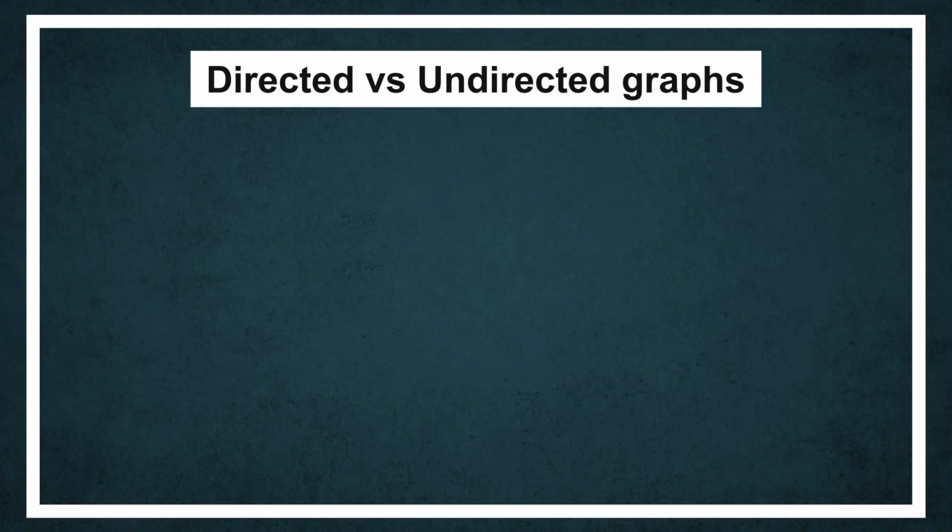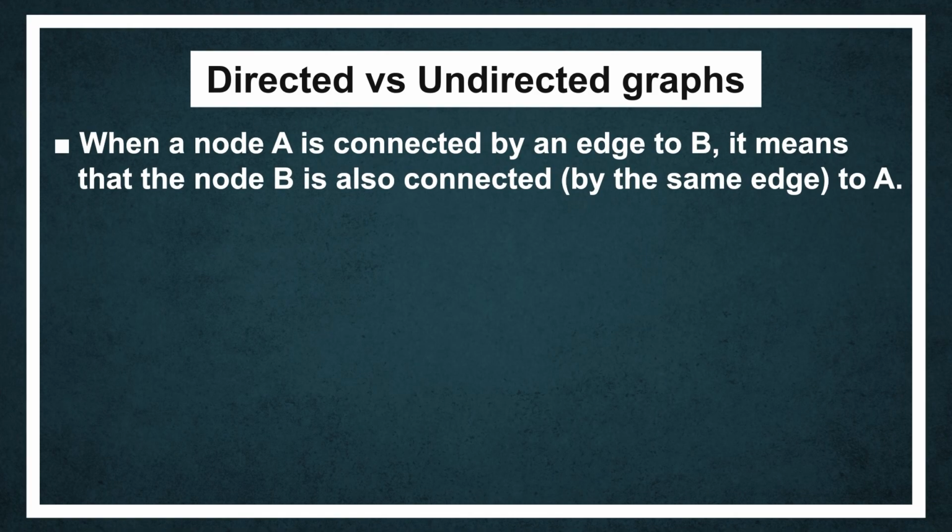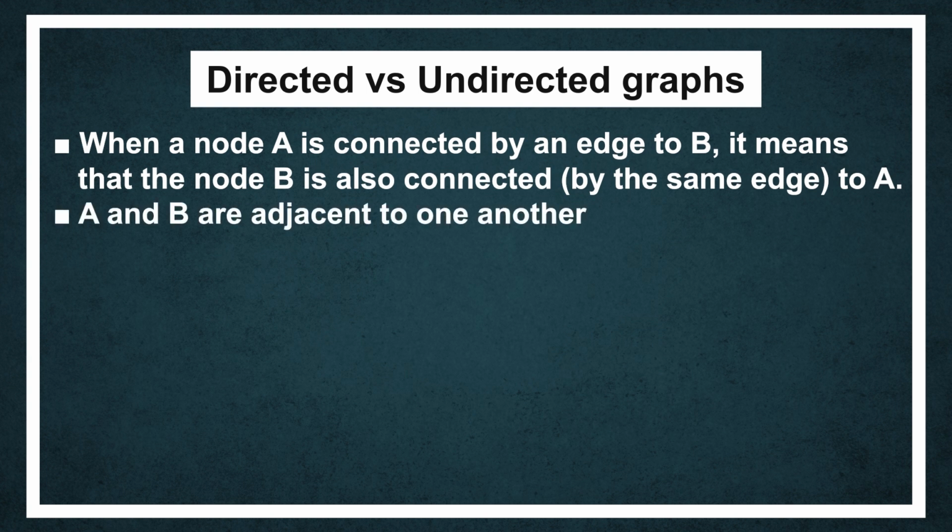The second example of graph types is directed versus undirected. Perhaps the most important classification of graphs is based on the symmetry of edges, into directed and undirected graphs. When a node A is connected by an edge to B, it means that the node B is also connected to A. In other words, A and B are adjacent to one another.